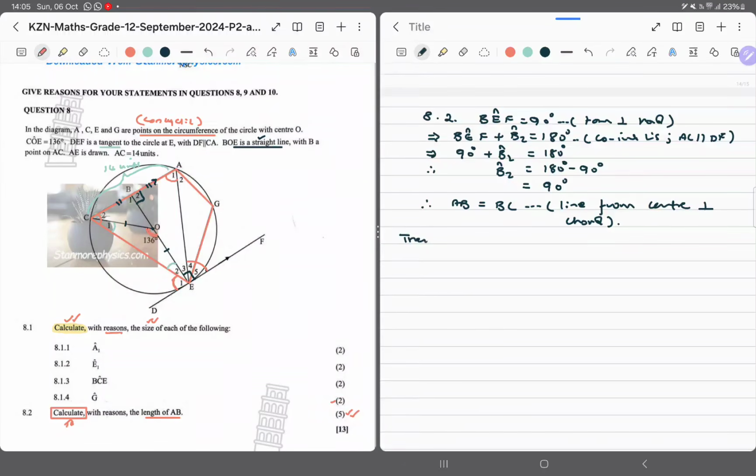We can say then, we know that now 2 times AB is equal to CA or AC. That's quite easy now to go about it. So we know that 2 times AB is equal to 14 units. Therefore, AB is 14 divided by 2, which is equal to 7 units.